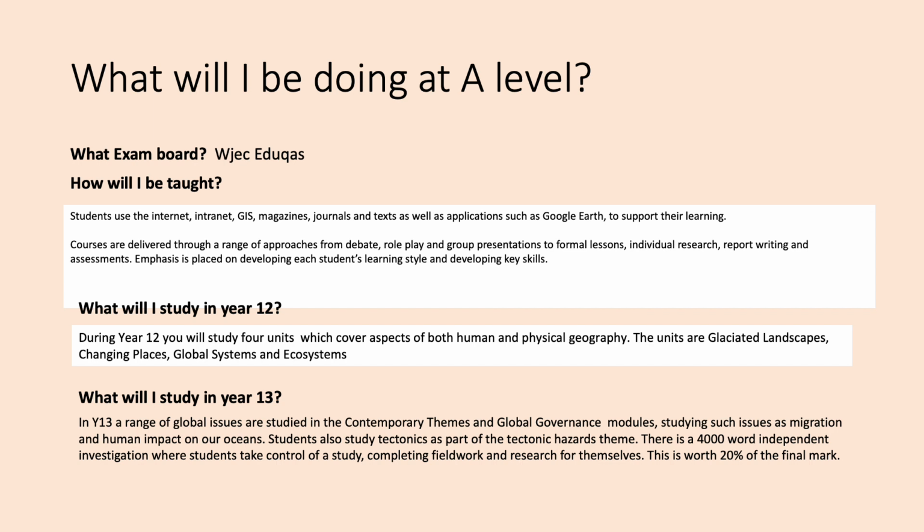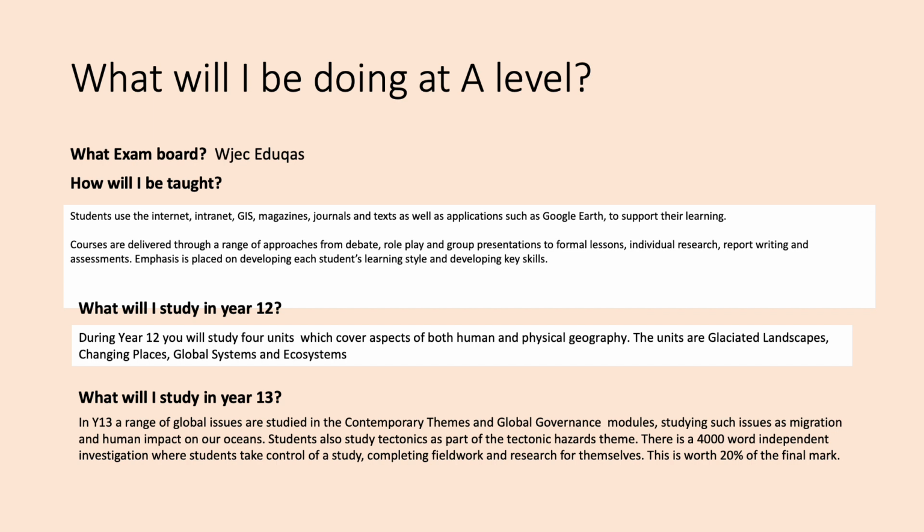In Year 13, and also in the summer of Year 12, you will be asked to do a 4,000 word independent investigation, and the clue is in the word independent. It is basically a piece of fieldwork research that you do and you write up. So it covers the six stages of the inquiry process.